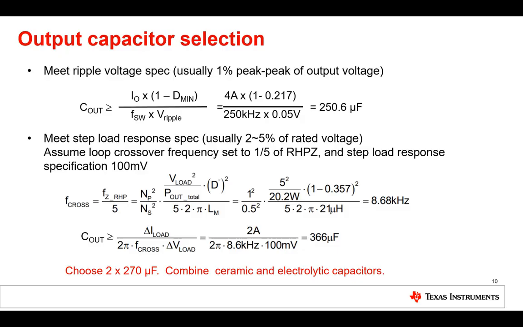For a flyback converter, it is good design practice to keep the crossover frequency at or below 1/5 of the frequency of the right half plane 0, in this case below 8.68 kHz. For a load change of 2 amperes, the output voltage shall not change more than 100 millivolts, so an output capacitance of more than 366 microfarads is necessary.